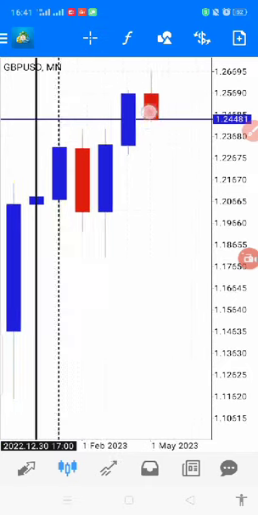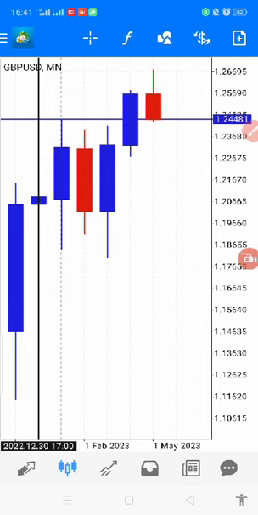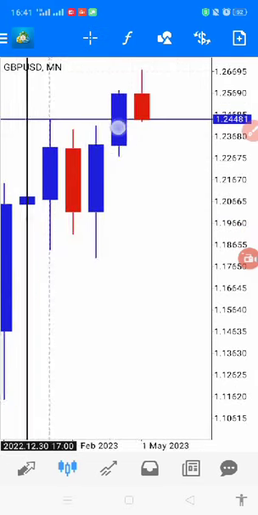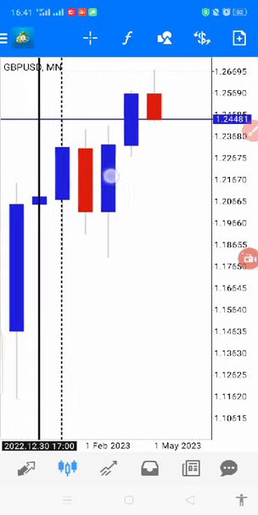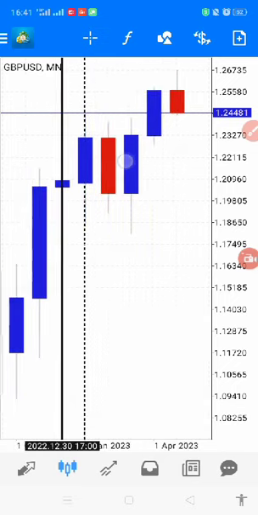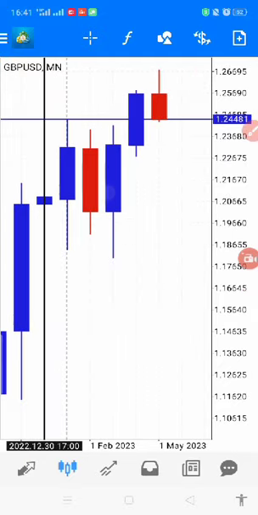We are seeing more sellers than buyers. But last month, which was April, we had more buyers. The previous months, January, February, March, we had more buyers and stuff like that.